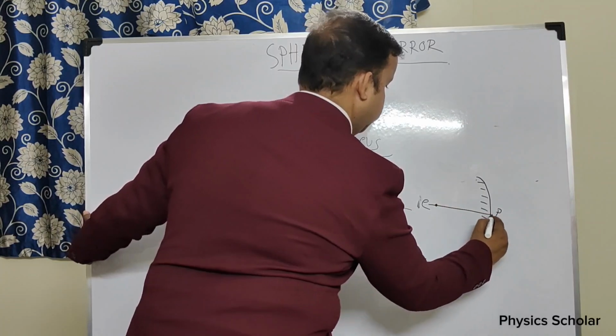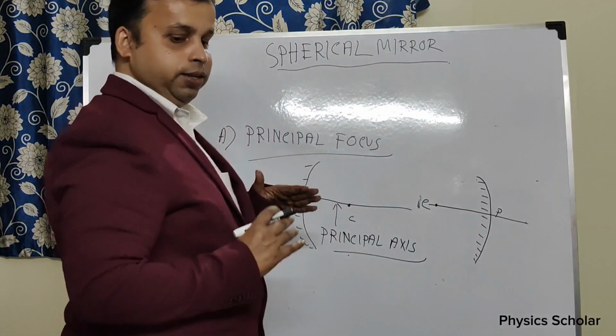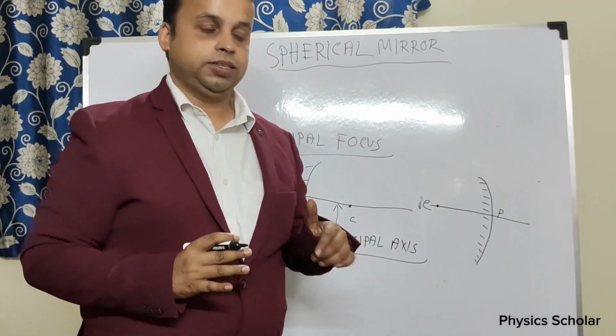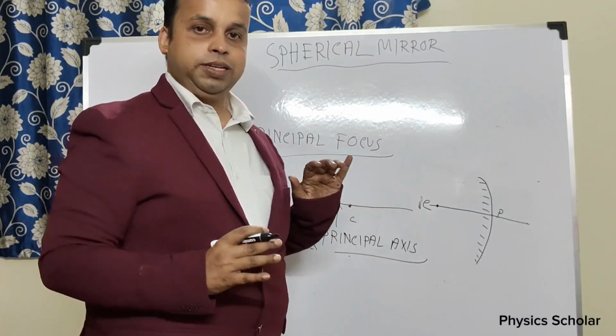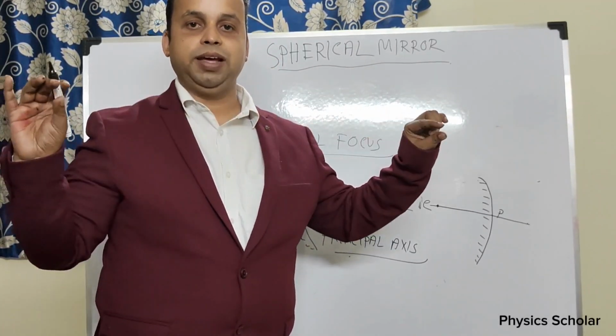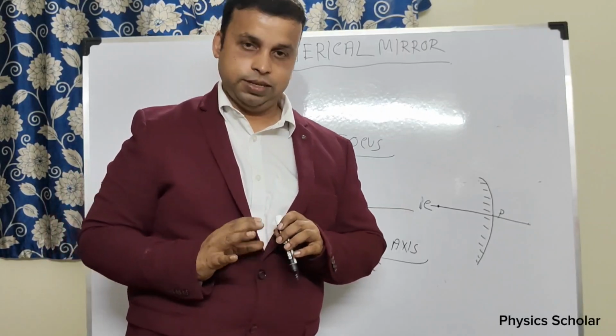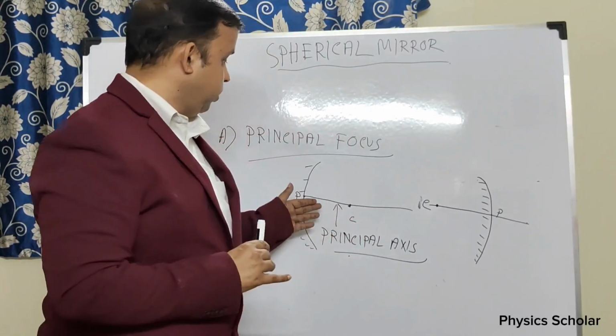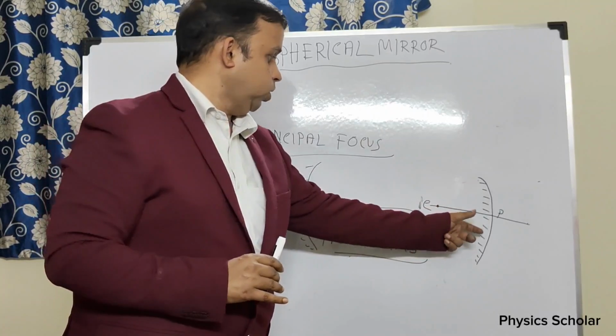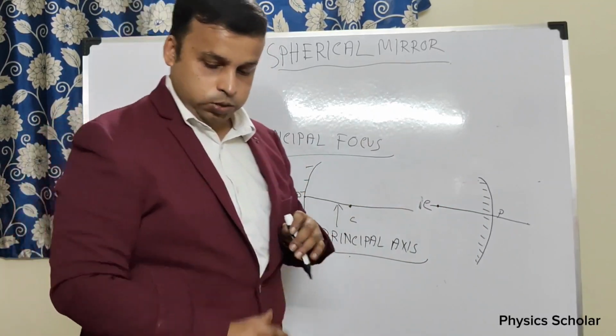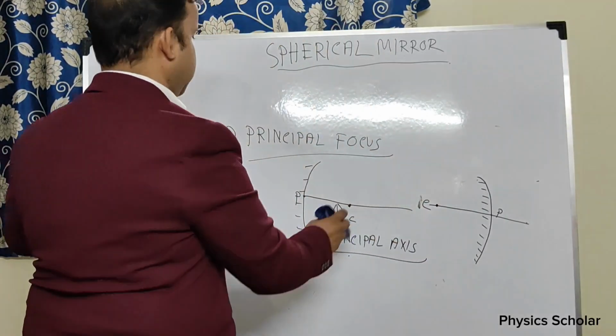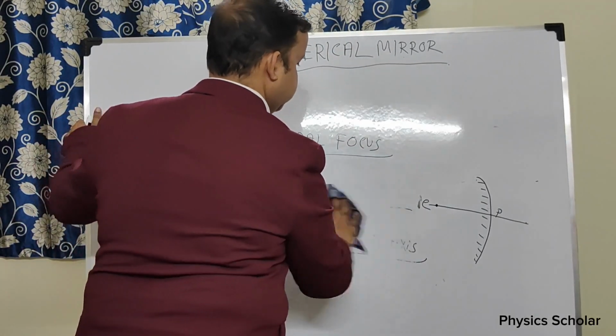In this case, this will be the principal axis. So the straight line which joins the center of curvature and the pole of the spherical mirror is known as the principal axis. I think it is clear now what the principal axis is in the case of both types of mirrors. Now we will discuss what the principal focus is.